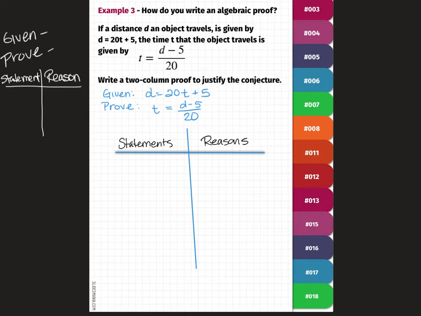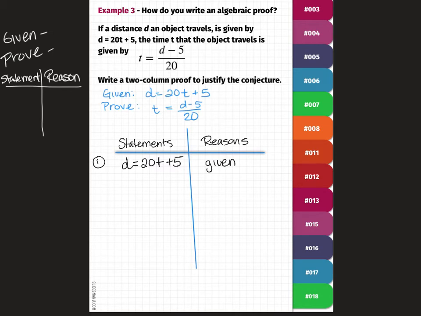I don't care what type of proof you are doing, your number one is always going to be what is given. Always. Now, sometimes you may be given more than one thing, which is perfectly okay. But one of those pieces of information, or all of them, are going to be your first given. So we are given that d is equal to 20t plus 5.